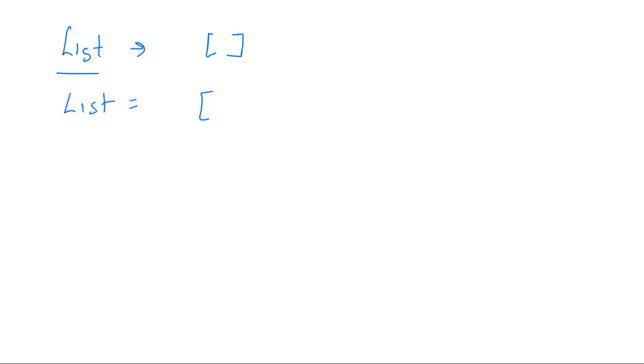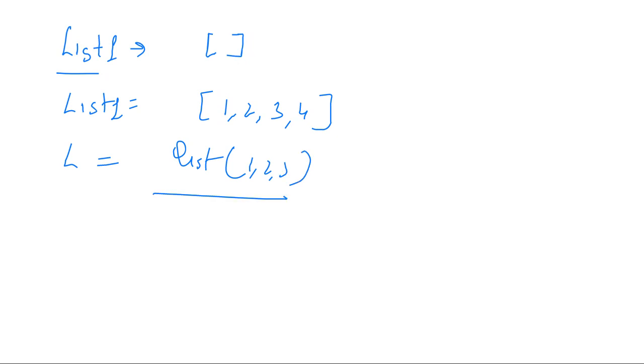Another way is to write the elements. And one more way is to write L is equal to list and then insert the elements. These are the three ways to create your list. Then we have also studied that a list is ordered and mutable.